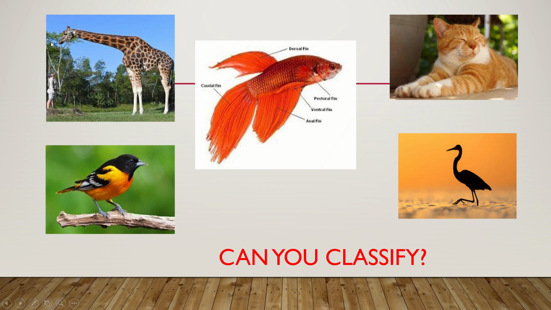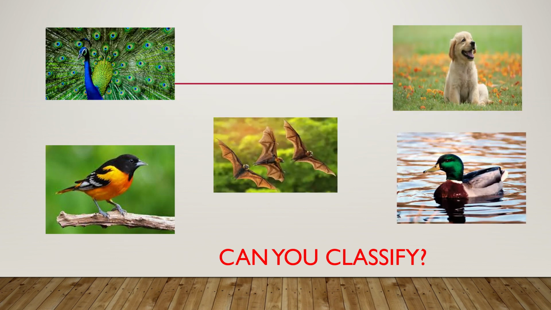Beaks? No. So it's not a bird, but maybe it has hair or fur? Yes, so it is from mammals. And this one has two legs, two wings, beaks and feathers. So it's called a bird. Amazing, grade one.